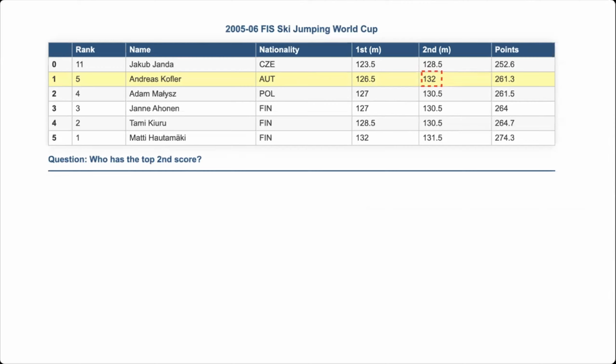As a human, we can very easily identify that the second score is 132, and so we can answer that the name is Andres. Now we can see how the large language model does the reasoning here.